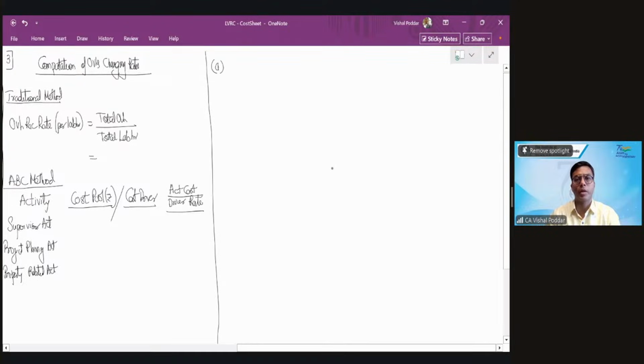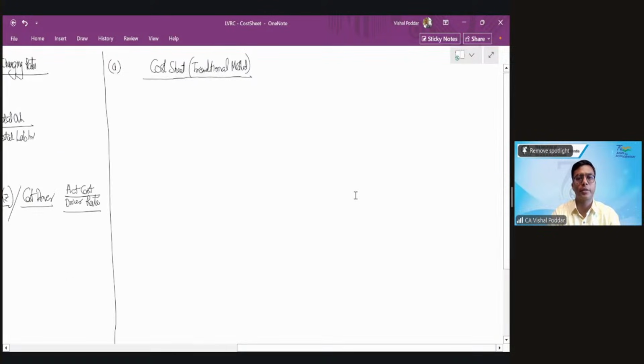So part A of my answer is the cost sheet, traditional method. And again, the cost sheet, ABC method.